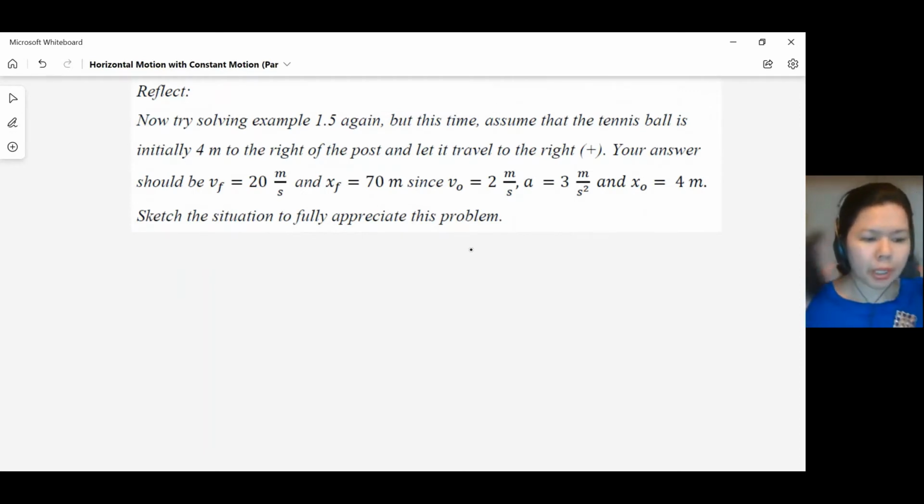Now we try solving example 1.5 again. But this time, we assume that the tennis ball is initially 4 meters to the right of the post, and we let it travel to the right or to the plus x.